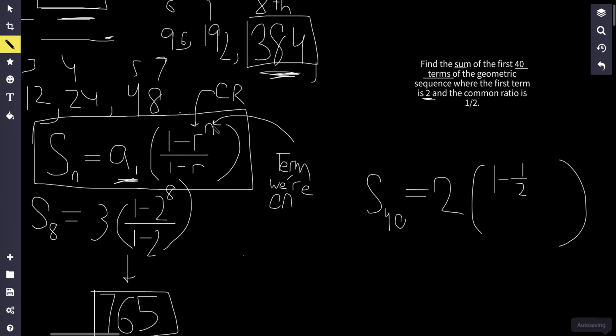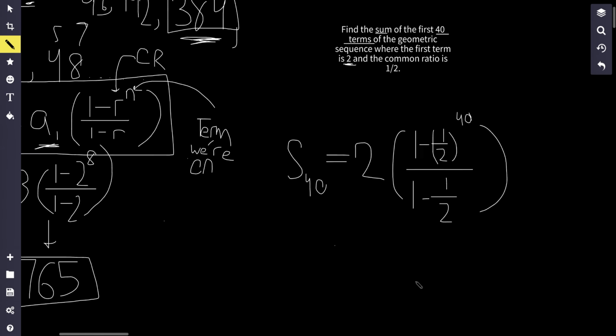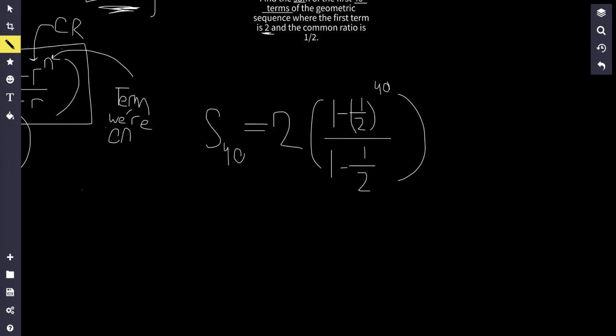And it's to the nth power, which is the term we're on. So the term we're on right now is 40. So it's going to be 1/2 to the 40th power. Just make this a little clearer. And then divide this by 1 minus 1/2, right? 1 minus r. Now, this one, you have to use a calculator.